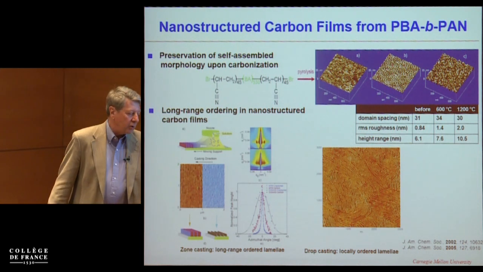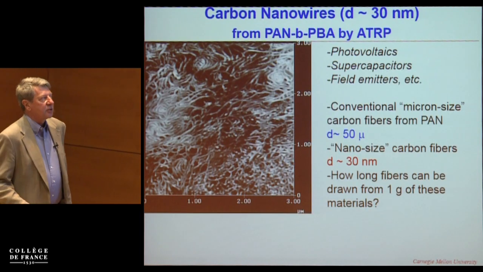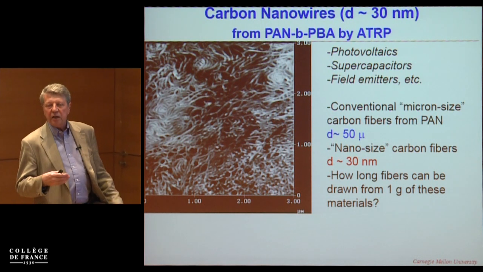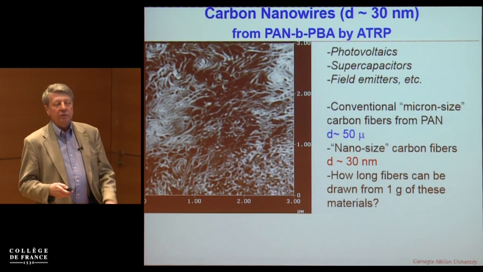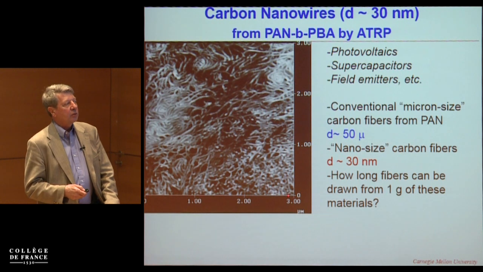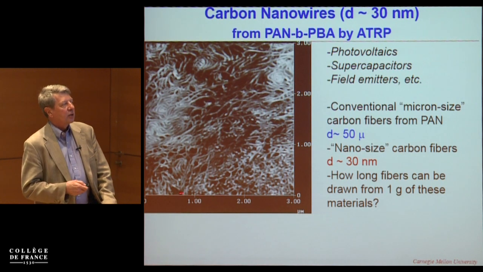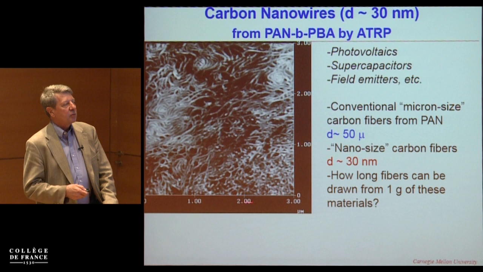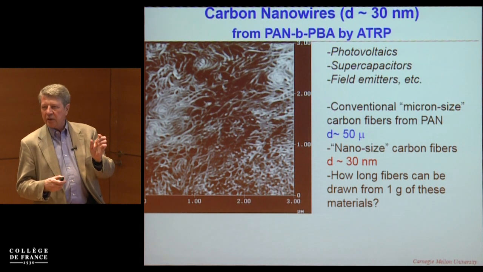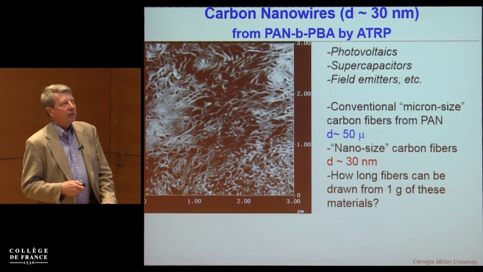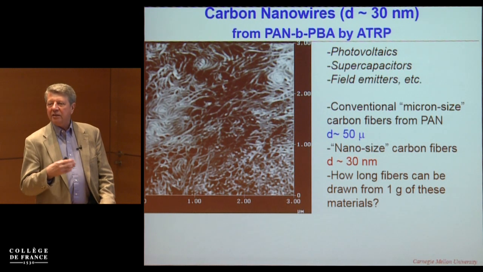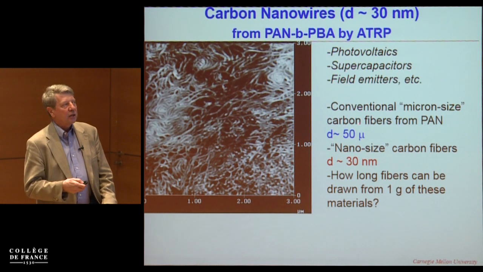I showed you before also that we can do something similar with cylinders. These are filaments of 30 nanometers diameter. The scale bar here, or the size of this TEM, is 3 microns, so they are 30 nanometers diameter. And they are very different from classical carbon fibers, which are 50 microns.